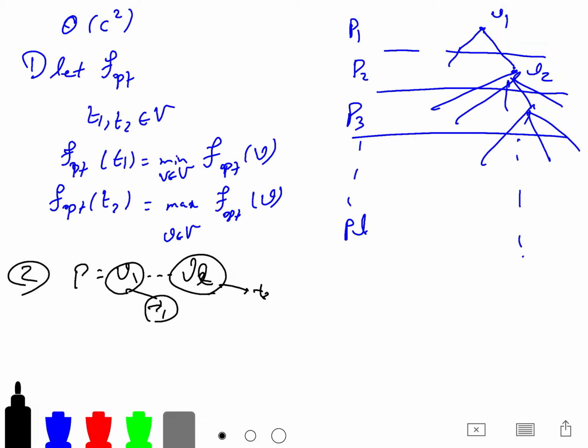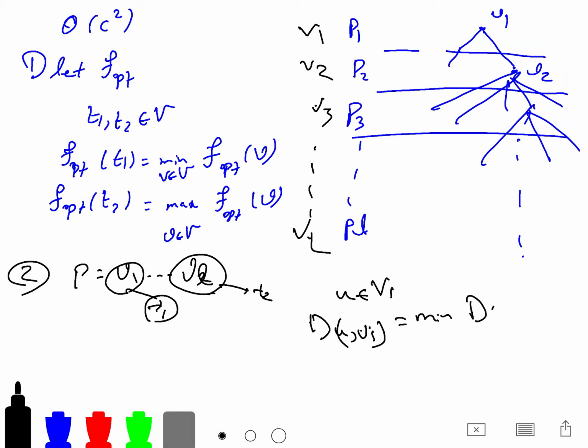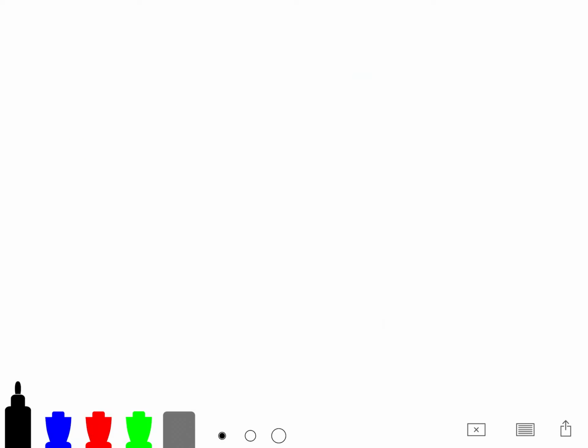And we partition V into disjoint sets V1 to VL, such that for any u in Vi, the distance between u and Vi is the minimum of the distance between u and Vj, where j is between 1 and L. We have L partitions. And so this was the third step.